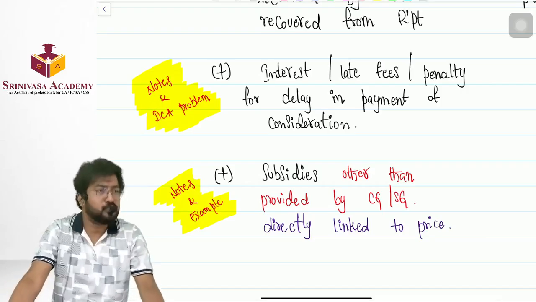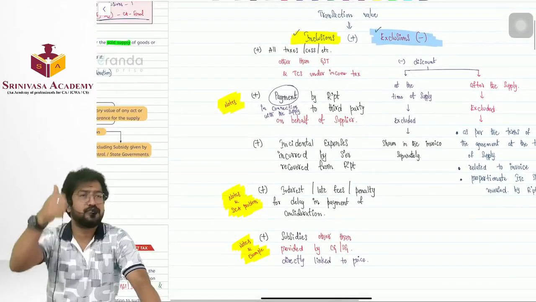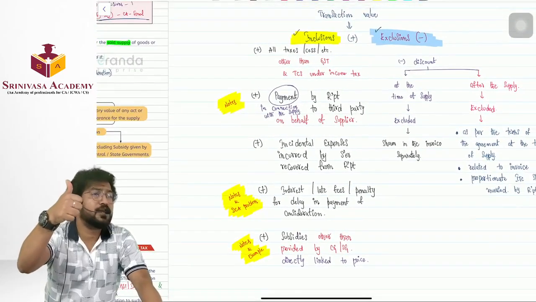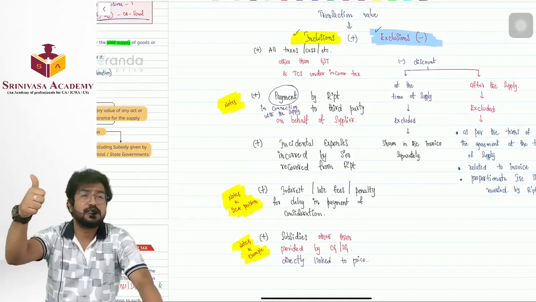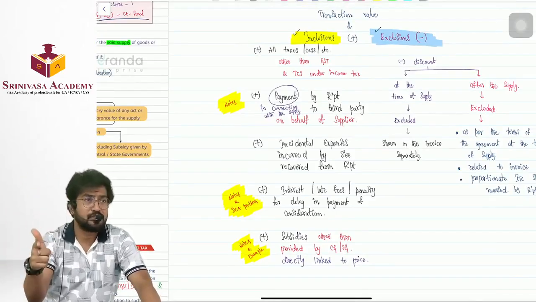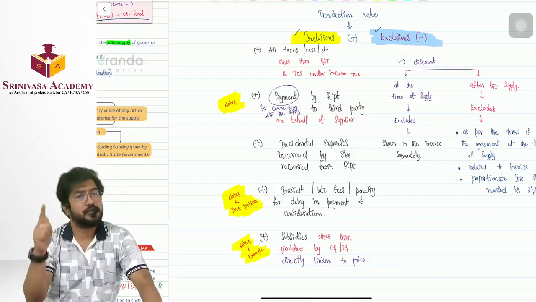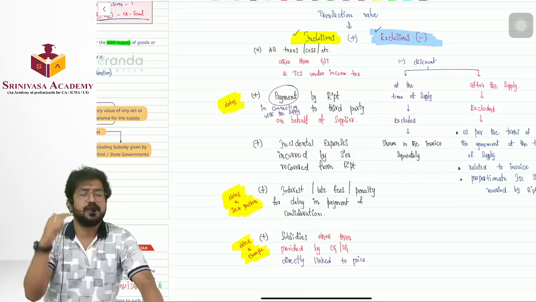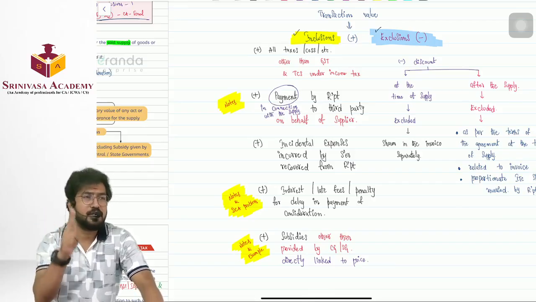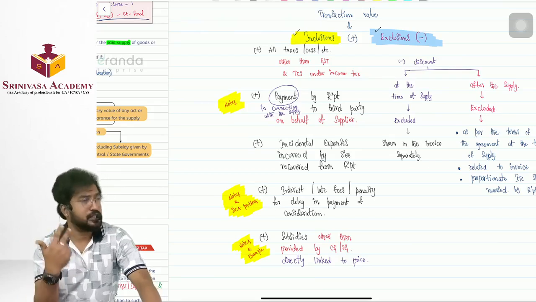Listen. How many inclusions? 5 inclusions. Quickly, let us discuss all the 5 inclusions fast. First one, all taxes other than GST and TCS under income tax. Number two, obligation discharged by the recipient. Number three, incidental expenses incurred by supplier and recovered from recipient.